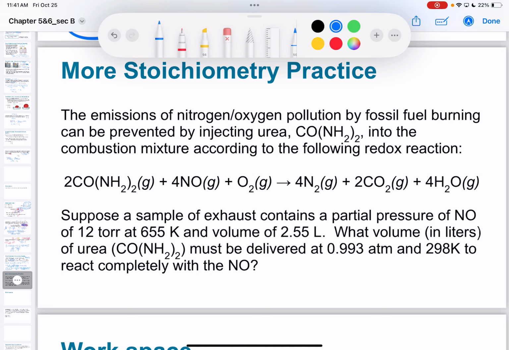So I'll let you guys kind of take the lead on this. Plan out your calculation, knowing that you're going to have moles to moles in the middle. So plan out your calculation and then utilize the values given. Remember, you're going to have to convert to the proper units.